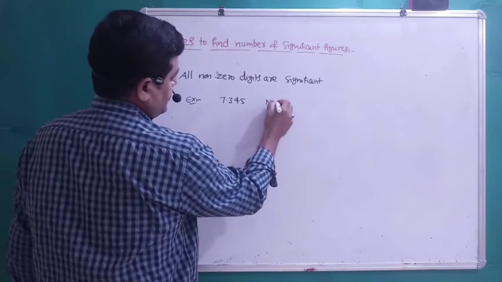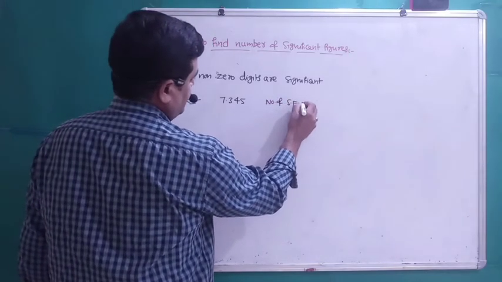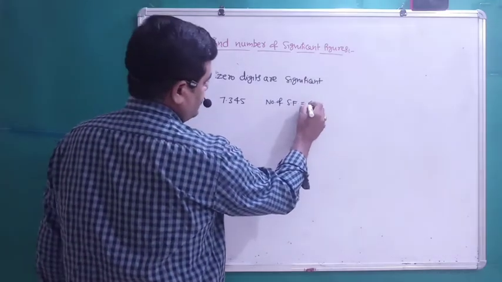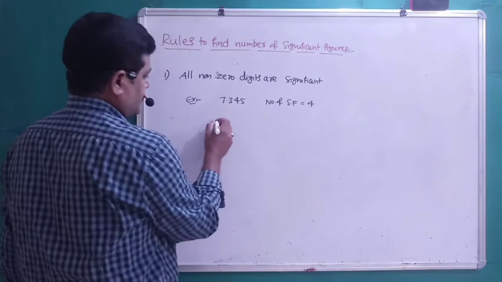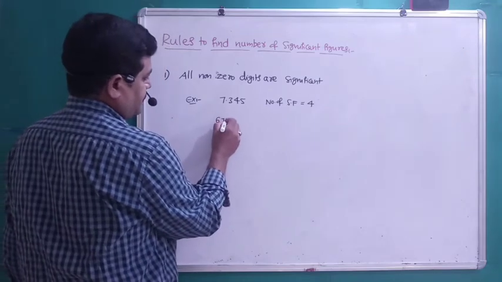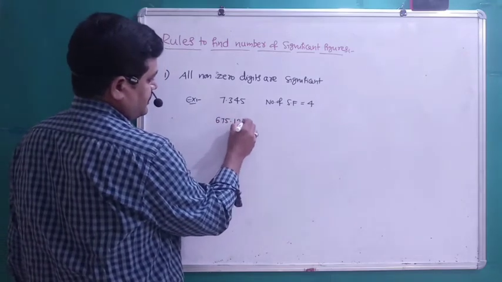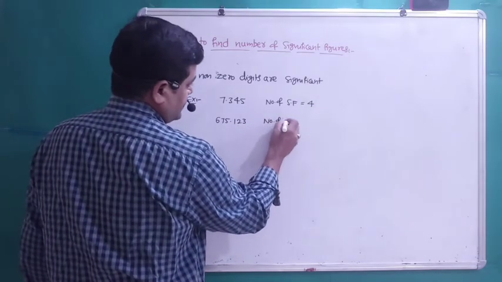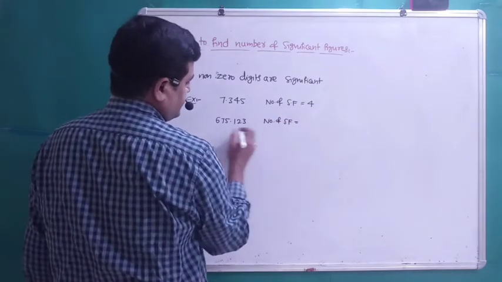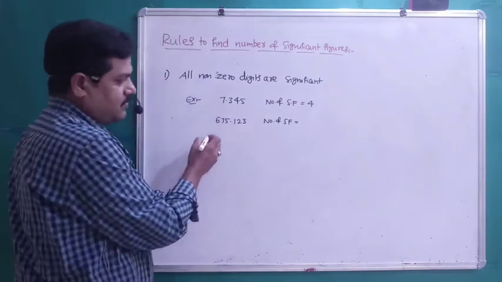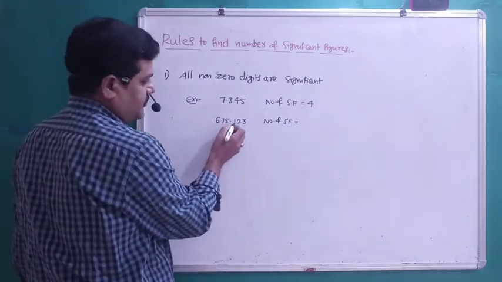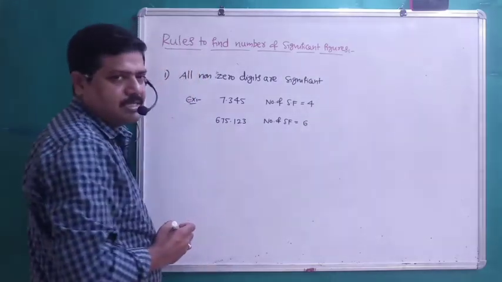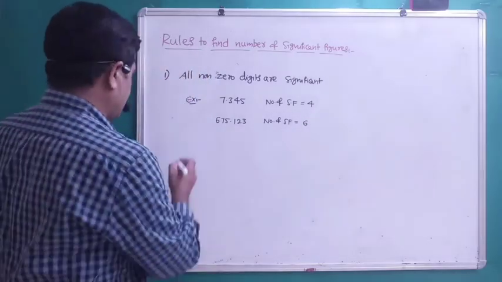Number of significant figures is 1, 2, 3, 4. All non-zeros are significant. If 675.123 is given, right? Then all non-zeros are significant, so 1, 2, 3, 4, 5, 6 significant figures. Number of significant figures is 6.